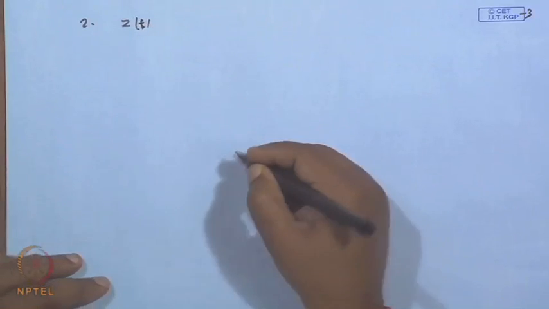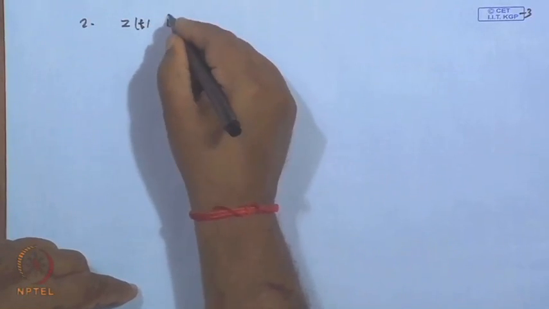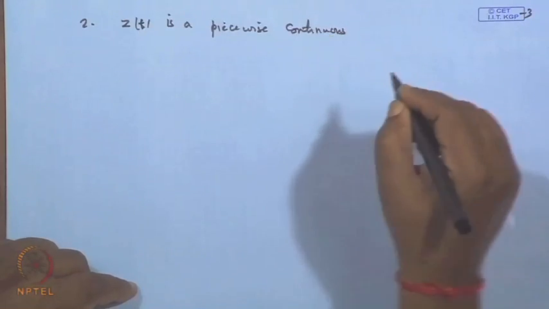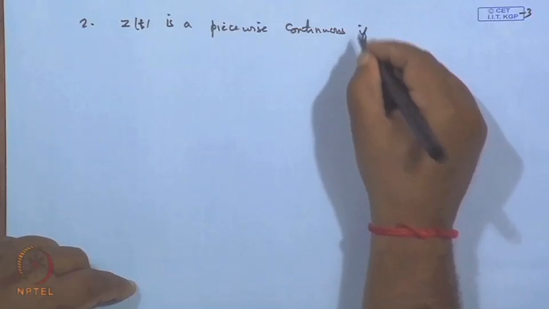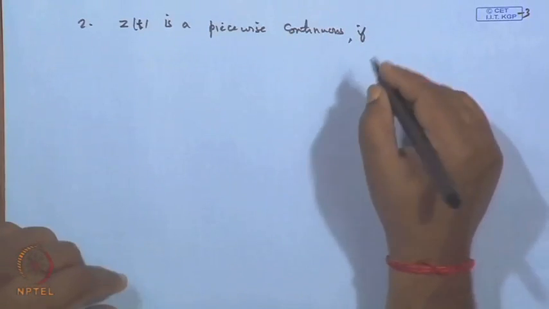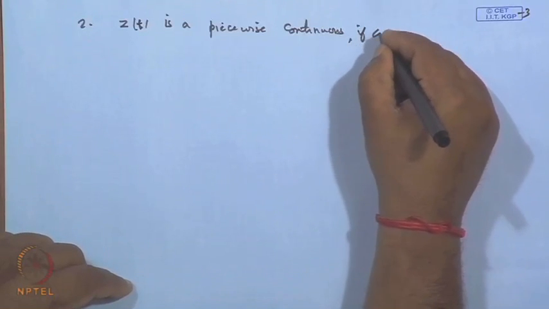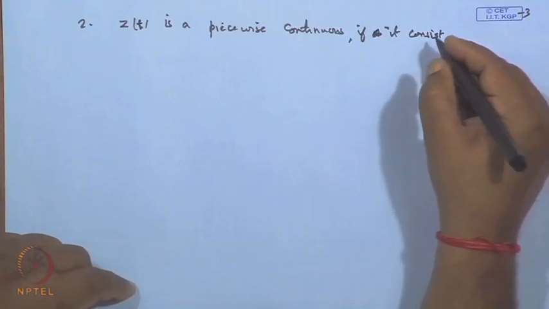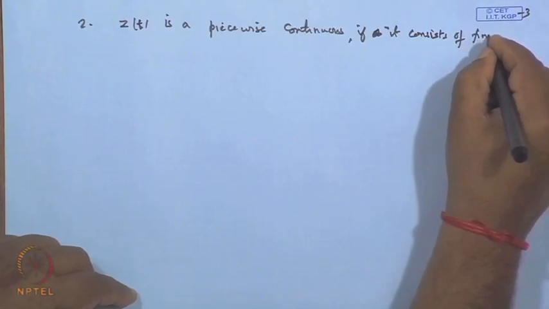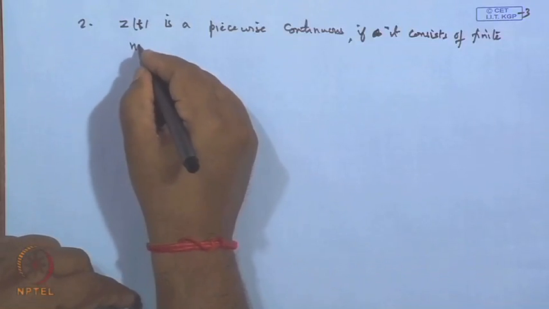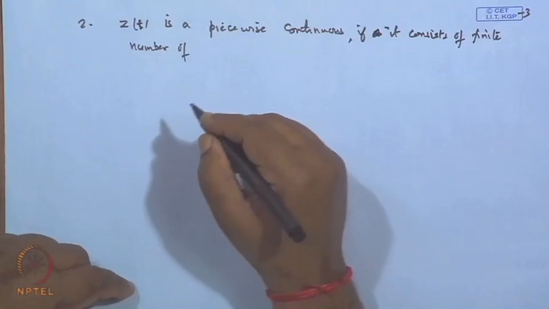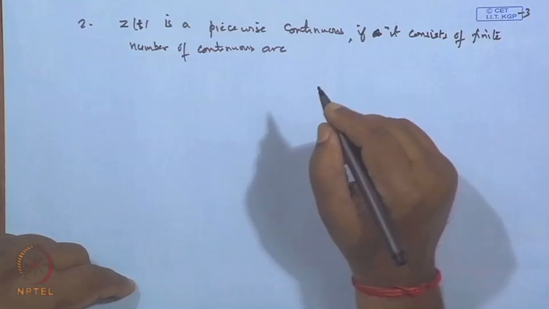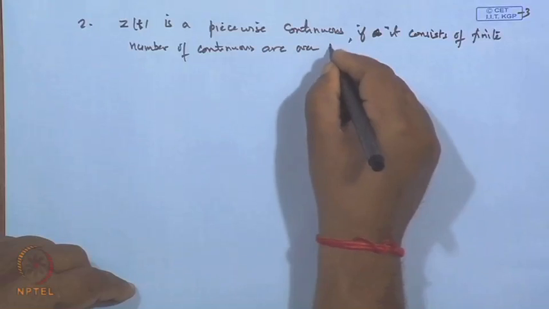The curve z(t) is a piecewise continuous function if it consists of a finite number of continuous arcs over the interval a b.